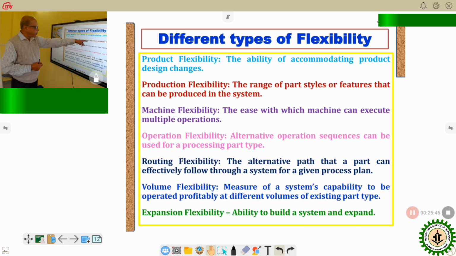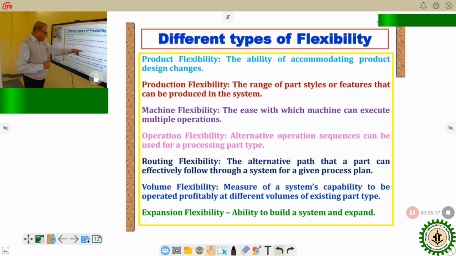Production flexibility is the range of part types or features that can be produced in the system. Today, a particular component may have 4 or 5 different features. Tomorrow, we have to deal with another job with 2 or 3 additional features. If the system, without much difficulty, simply by altering the program, can deal successfully with the present job, then the system manifests adequate basic flexibility.